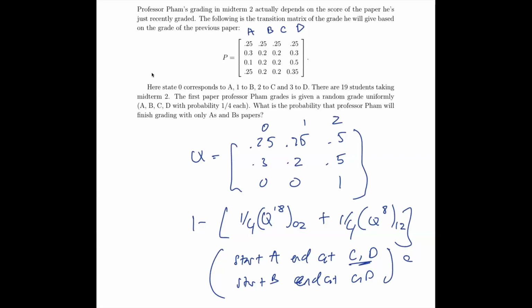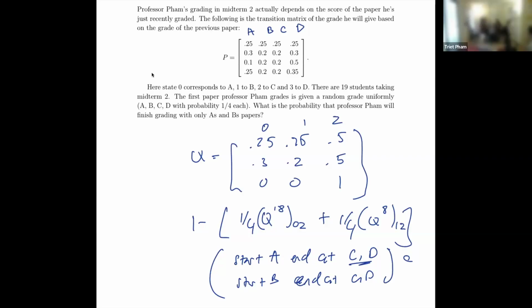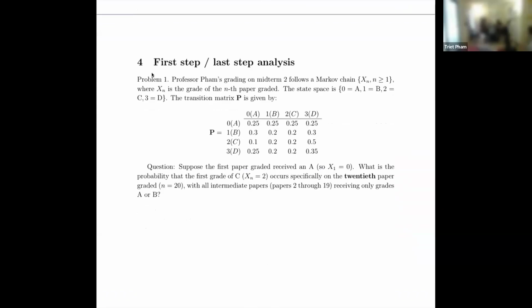Your thinking is exactly correct. You just list out all the possibilities of the final state, which is what Nick was trying to negate, which is less work. But yeah, that's correct too. All right, any question here? Okay, all right.